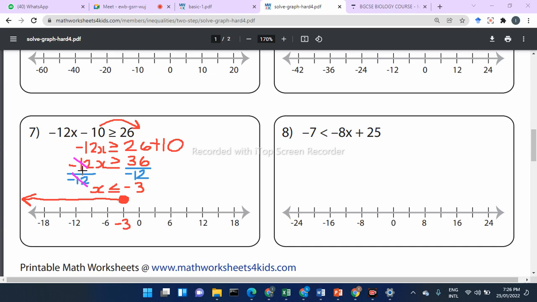That's standard. The other times when you see us just switch it without dividing by a negative number, that was because we wanted x to be on the left. But regardless of how you do it, if you end up dividing by a negative number, make sure you switch that sign.